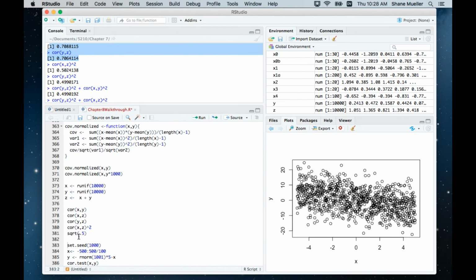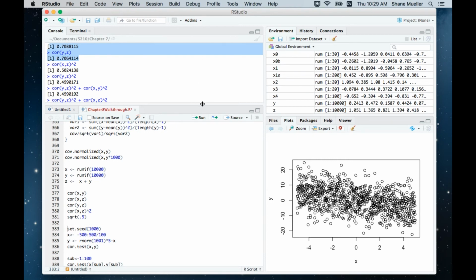This is really handy. Another handy thing about the correlation coefficient: if you square it, you get a measure of the amount of the variance in one variable that can be explained by another variable.